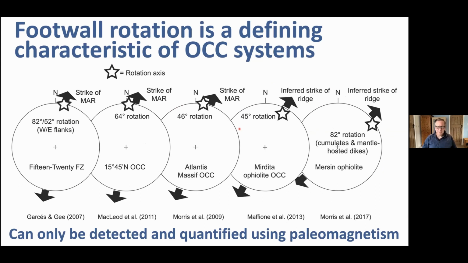We've extended this work now across a number of oceanic core complexes with different authors and also into ophiolites. This seems to be a characteristic feature of these oceanic core complex systems, both in the modern oceans and in ophiolites, with rotation around low angle axes that are parallel to the strike of the ridge.